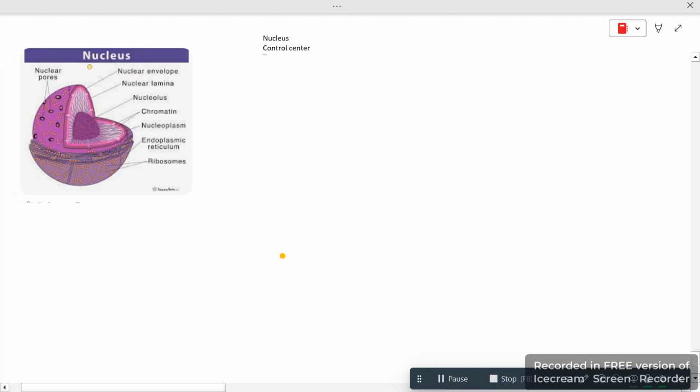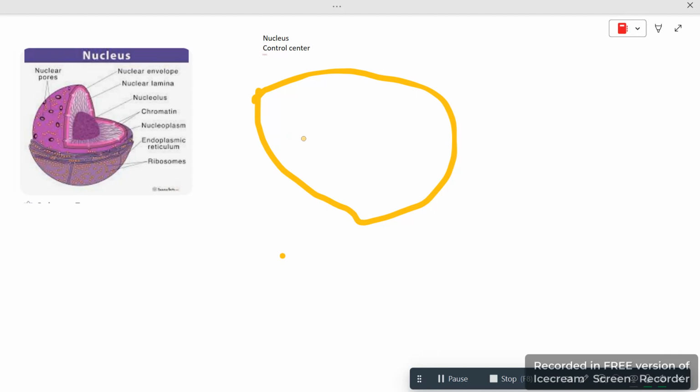So let's start with the diagram first. If this is the cell, and this is the nucleus, let me just write this: the cell, this is the nucleus.